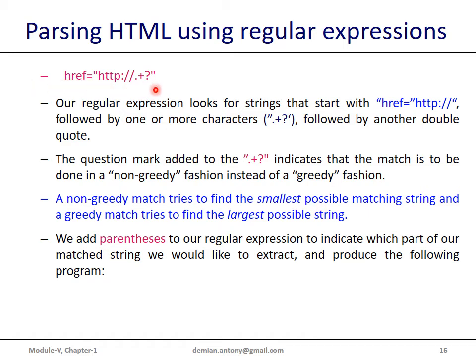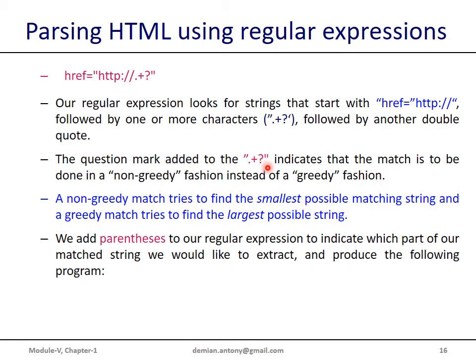This is the regular expression: href equal double quotes, and it should start with http after the double quotes, colon, double slash. Then dot is for matching any character, one or more, and also we find a question mark.